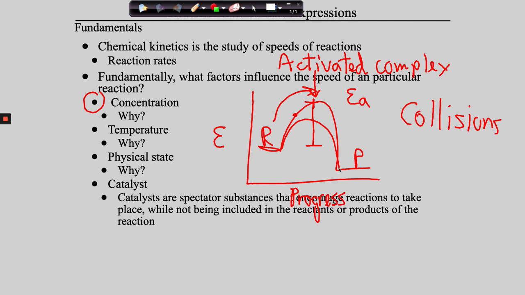Guys, reaction mechanisms, again, are the behind-the-scenes story of how a reaction gets from reactant to product. And once you understand reaction mechanisms, then we can talk about what catalysts do, because catalysts magically cause reactions to go through different pathways that have different activation energies, typically lower.